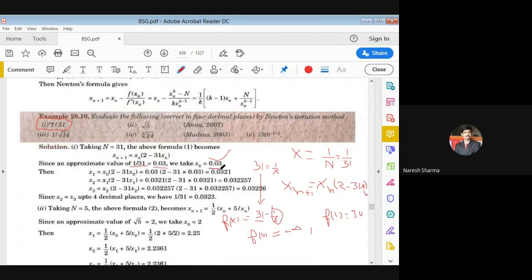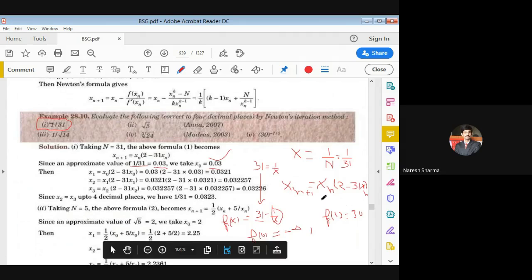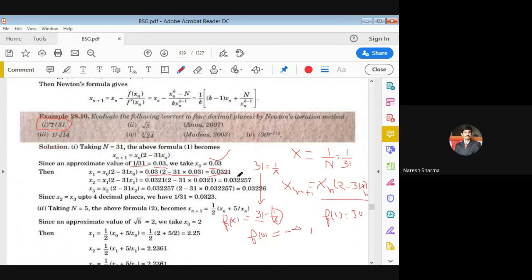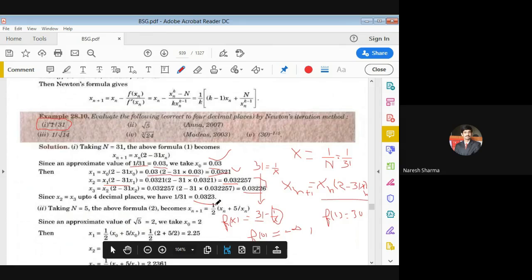If you put 0.03 in the right hand side, that is 0.32 minus 31 into 0.03, you get the result 0.0321. Similarly, again you can put this result in the right hand side of your formula. That gives 0.2, and similarly 0.3. If you see, these two values are equal up to nearly 4 decimal places, which is your required result.